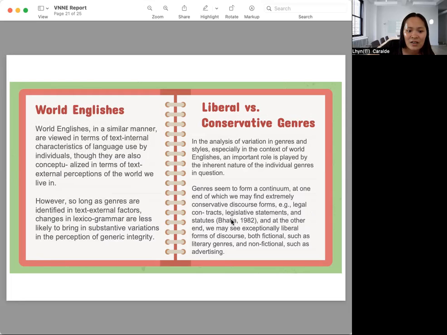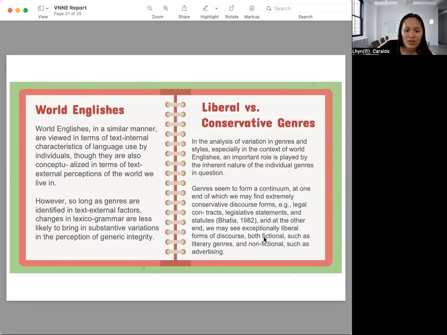Examples of this: legal contracts, legislative statements and statutes. At the other end, we may see exceptionally liberal forms of discourse, both fictional, such as literary genres, and non-fictional, such as advertising.